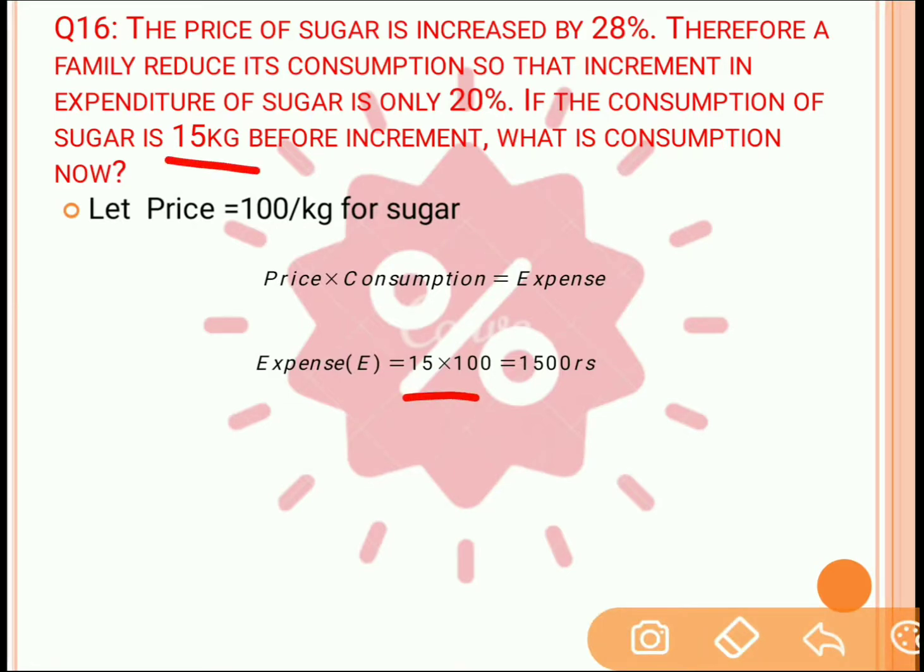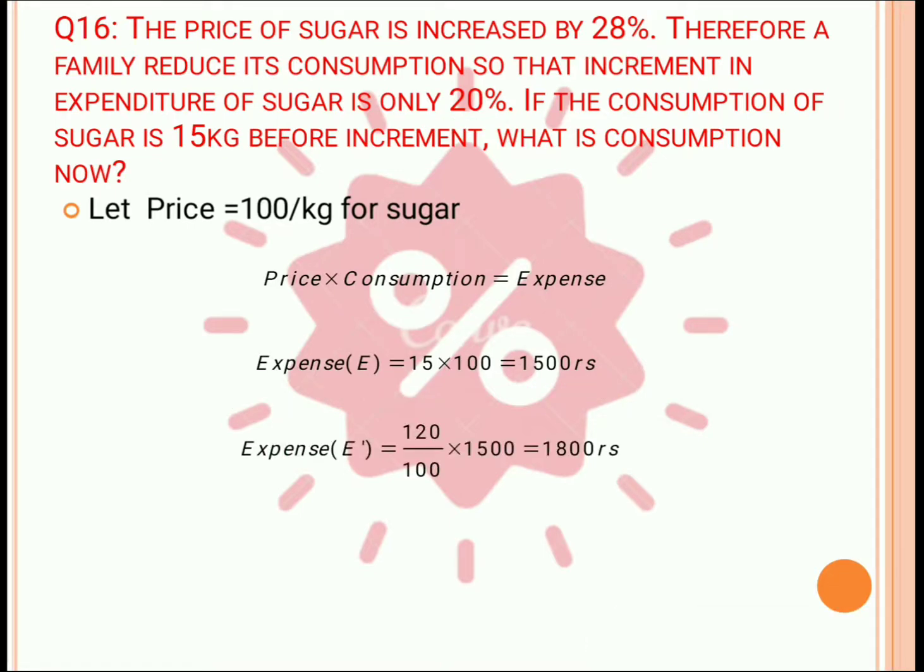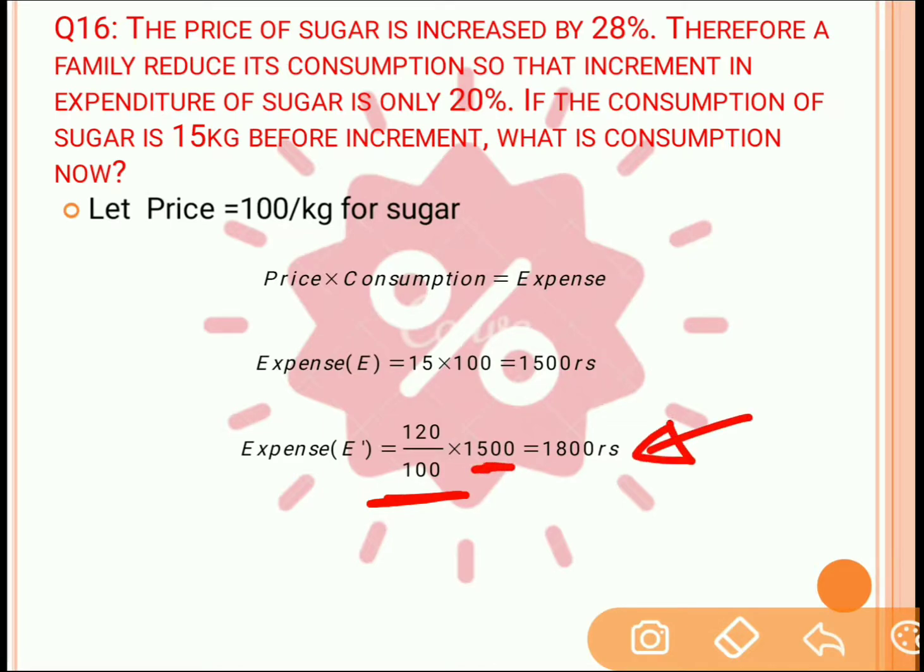So 15 into 100 is equal to 1500 rupees, which is nothing but your expense. Now as the price has increased by 28%, expense has gone up by 20%. So new expense will be 120 by 100, that is 20% on the 100%. So it will be 120 by 100 of this 1500 rupees, which is nothing but 1800 rupees.